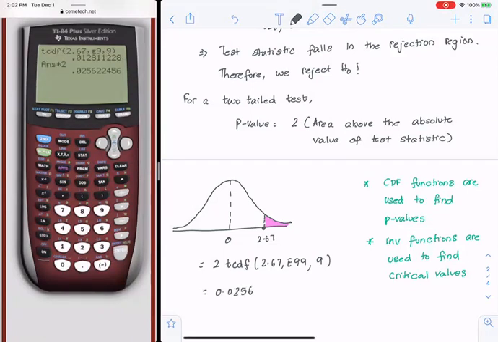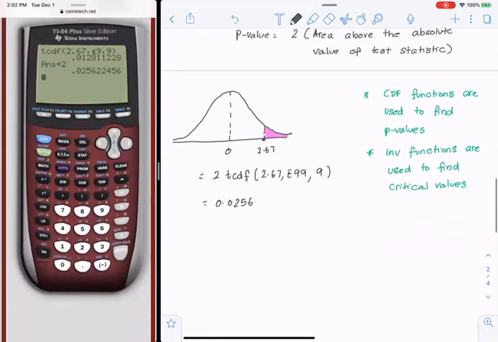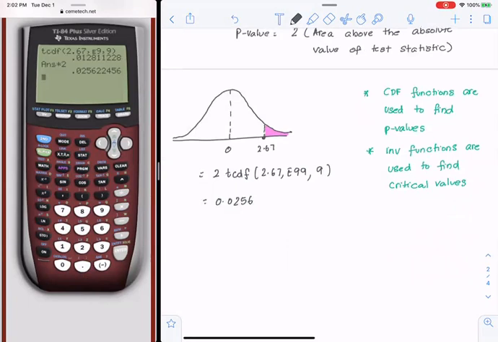And we get a p-value of 0.0256. And that p-value is less than the alpha that we set. The alpha that we set is 0.05.